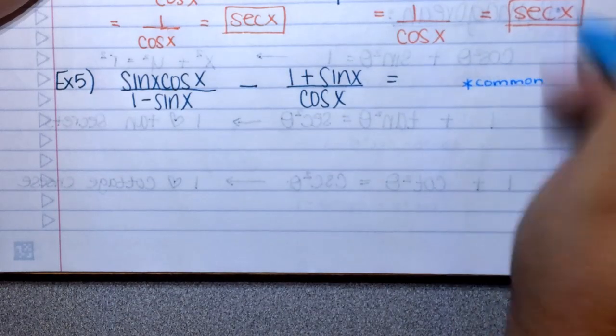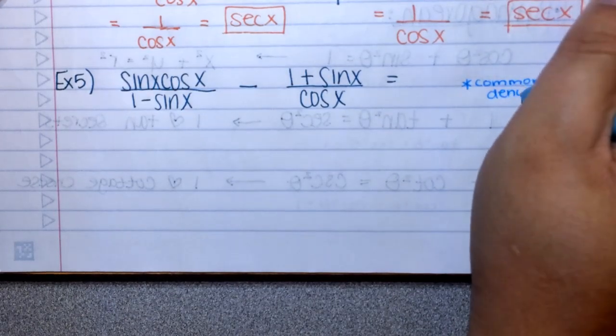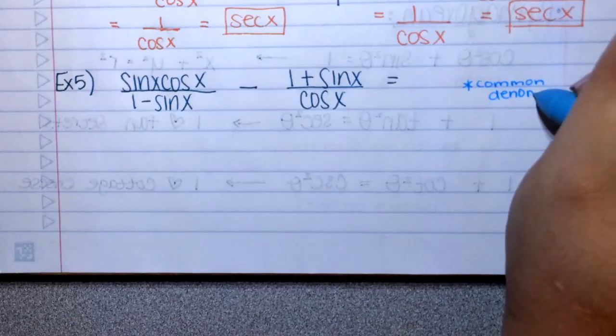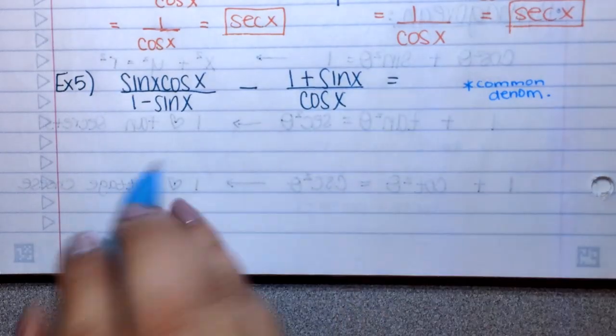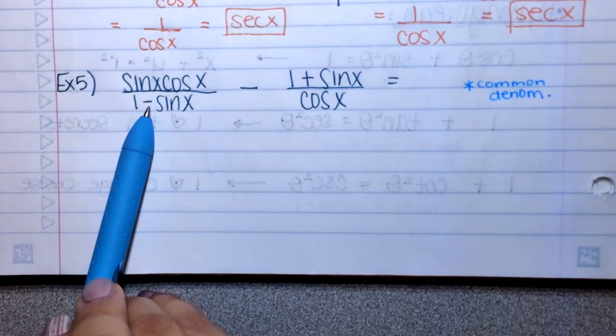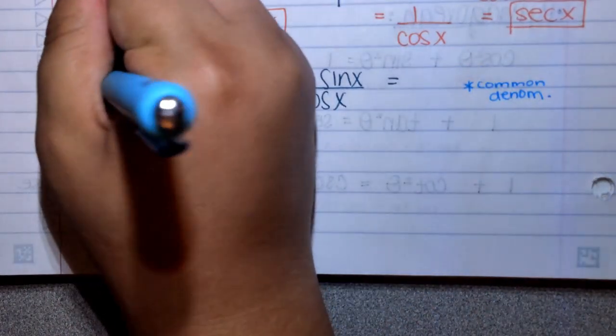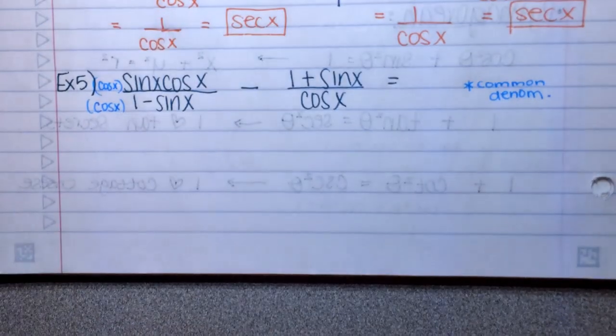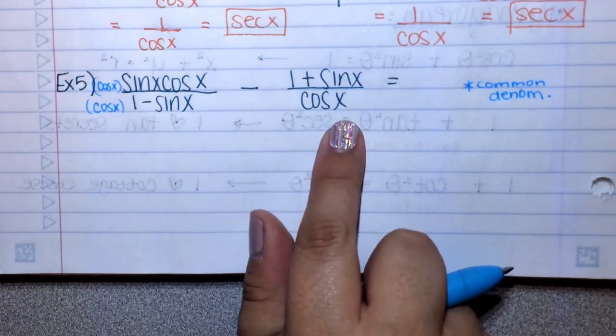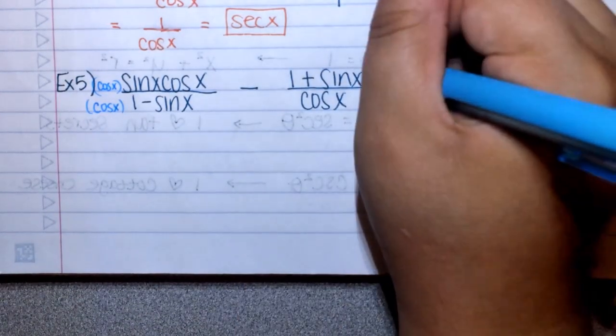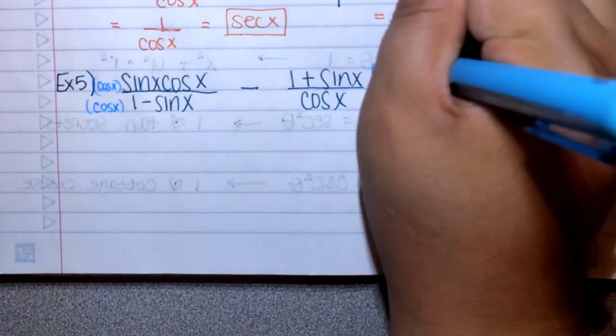So, any other ideas? Common denominator is the answer. I'm going to write over here what we're doing each time: denominator. So, what would I have to do to this one to get a common denominator? I'm going to multiply the top and the bottom times cosine x. And this one? Times 1 minus sine of x.